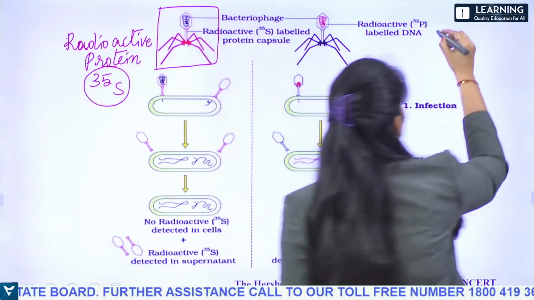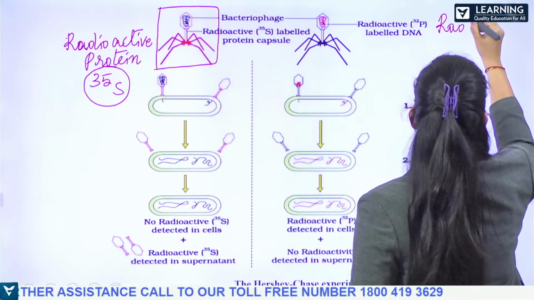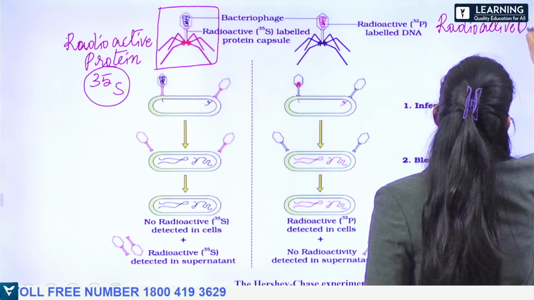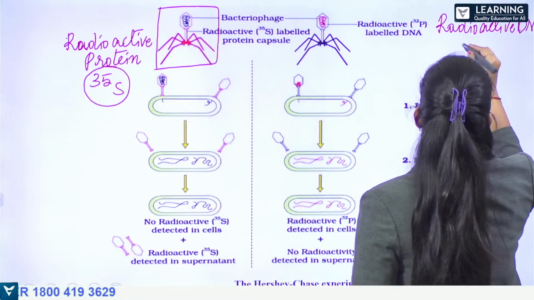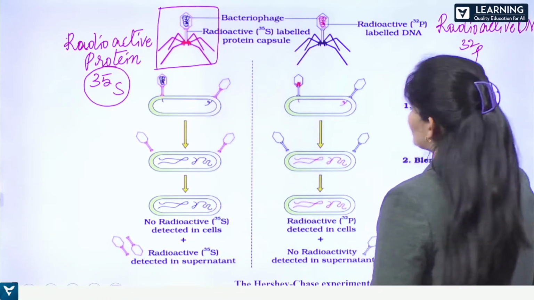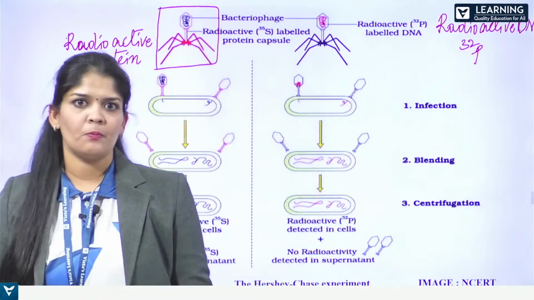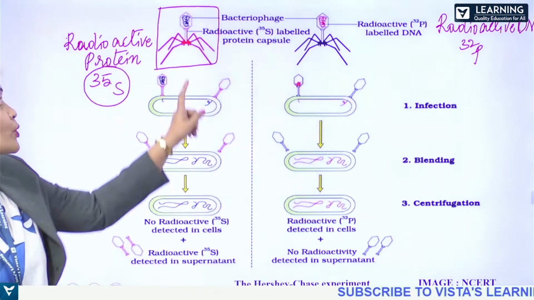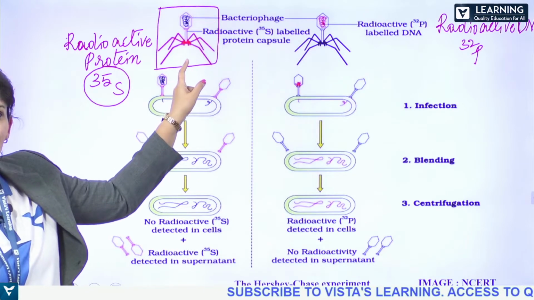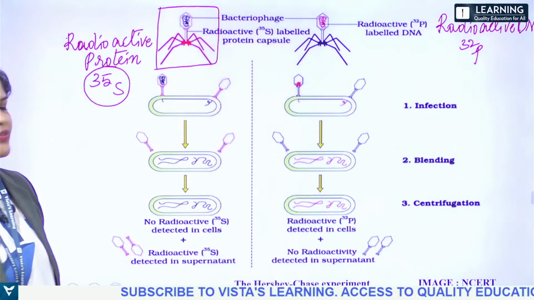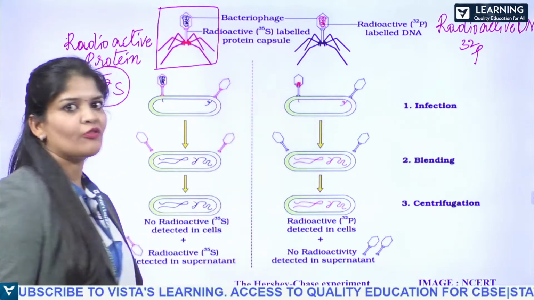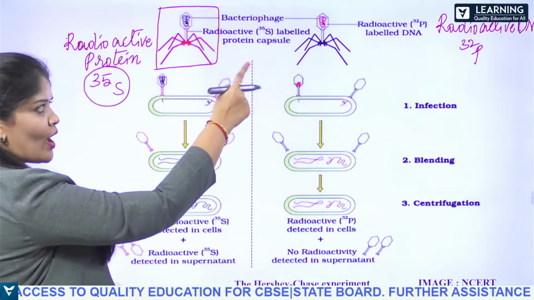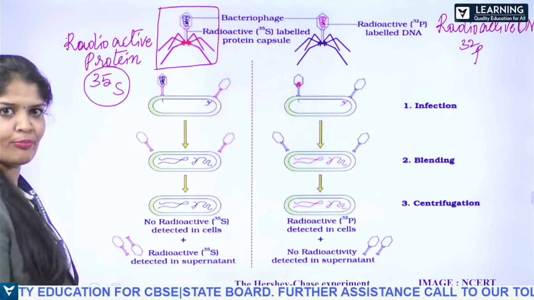Here we got radioactive DNA, that is phosphorus 32. We have two types of bacteriophages now. In the first set, the protein part of the bacteriophage is radioactive, whereas in the second set, the DNA part of the bacteriophage is radiolabeled. That is, radioactive DNA and radioactive protein.